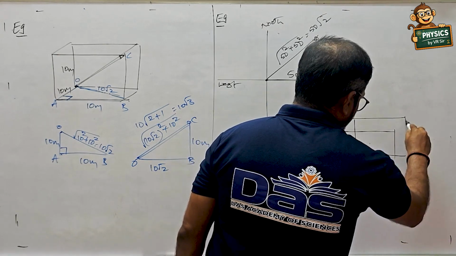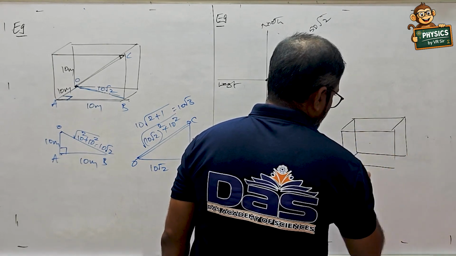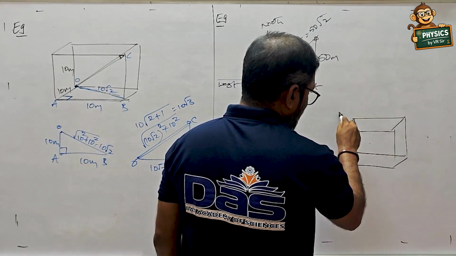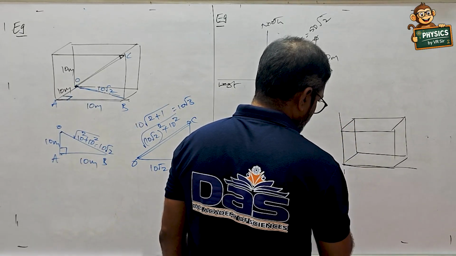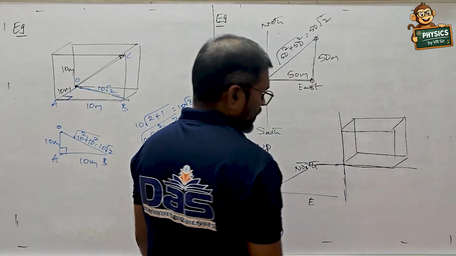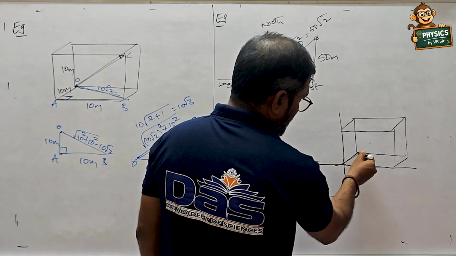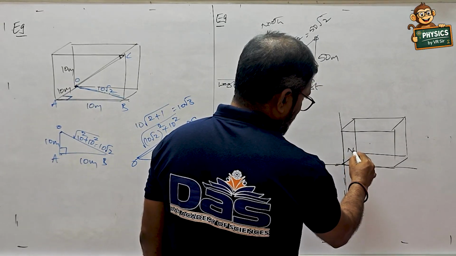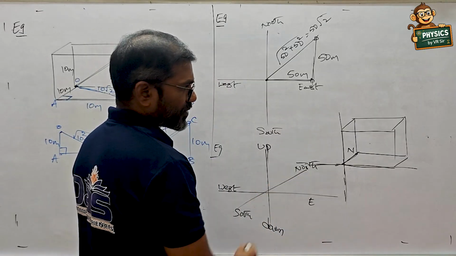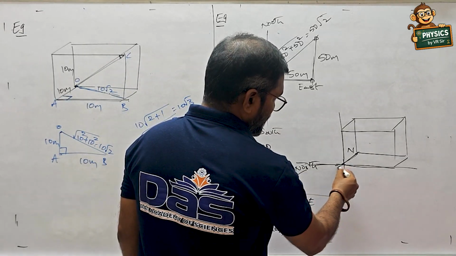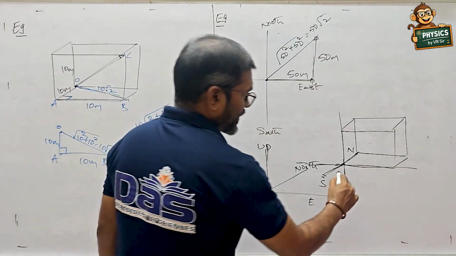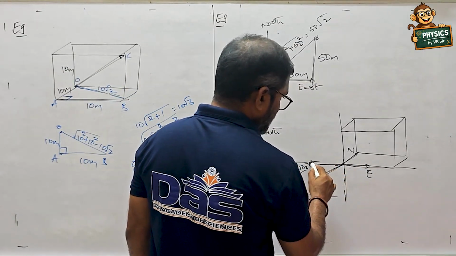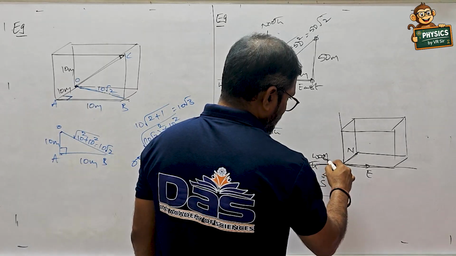So to understand this diagram more clearly, this is how I can give you. If it is a coordinate system, look at here, this is the direction indicating north, into the board. And this is the direction indicating south, out of the board. And this is east and this is west in this diagram.